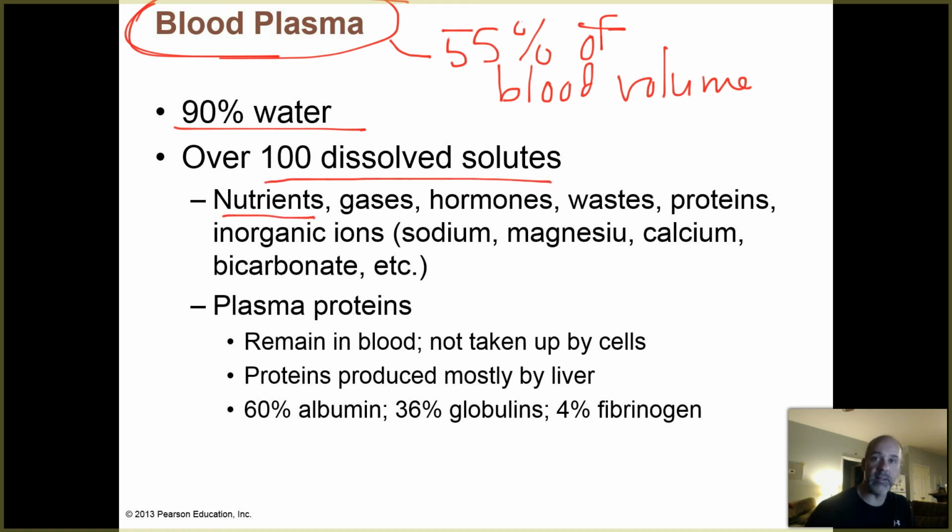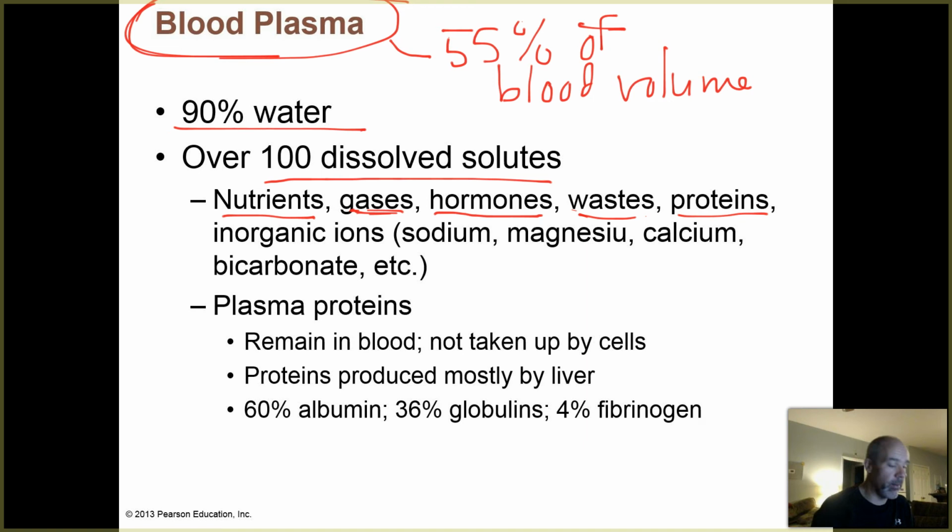Those include nutrients like glucose, amino acids, and lipids that your cells need for energy and as building blocks to make all their cell parts and carry out their cell functions, gases like O2 and CO2, hormones, wastes, various proteins, and inorganic ions like sodium, calcium, and bicarbonate. All kinds of things are dissolved in the blood plasma.